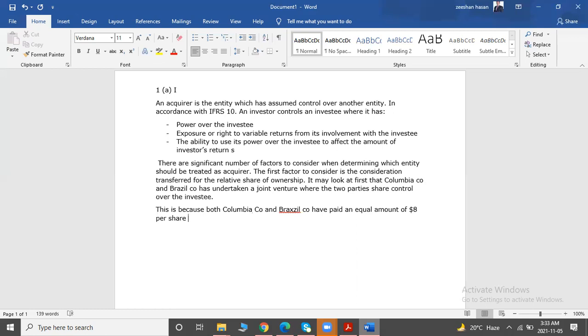Additionally, Columbia Company and Brazil Company have each obtained 50% of the equity interest and have equal voting rights of 1 vote per share. Both entities satisfy the criteria for rights to variable returns.